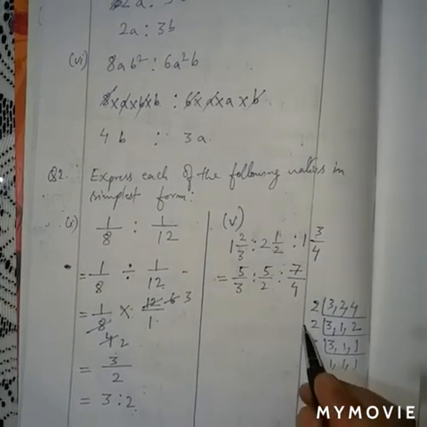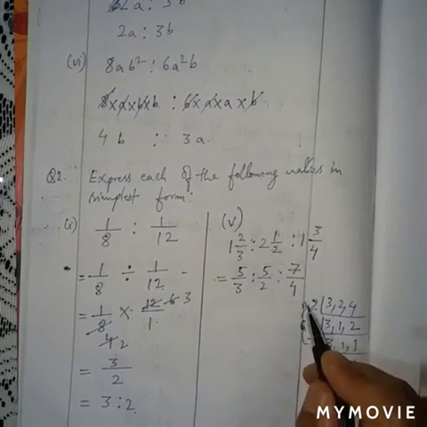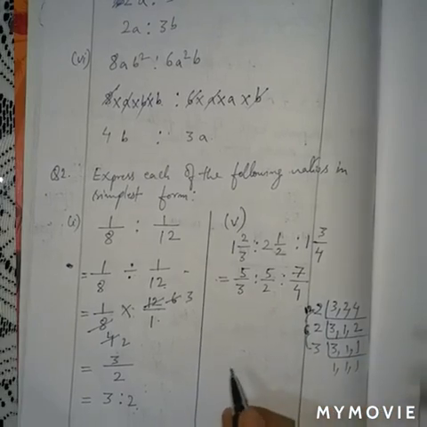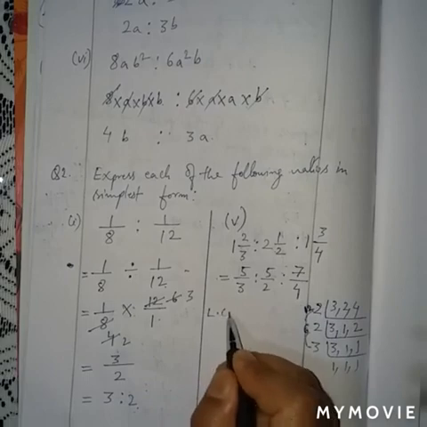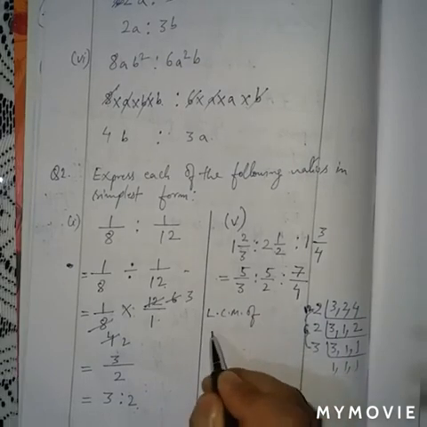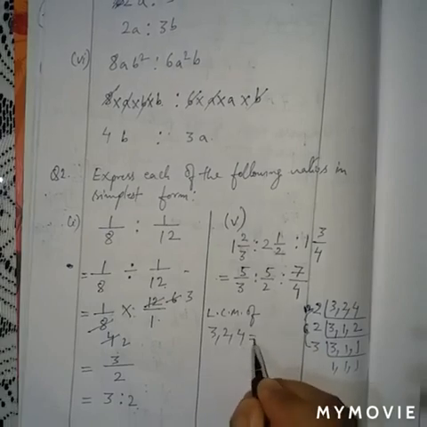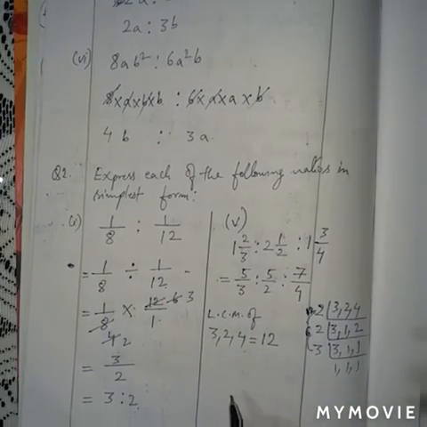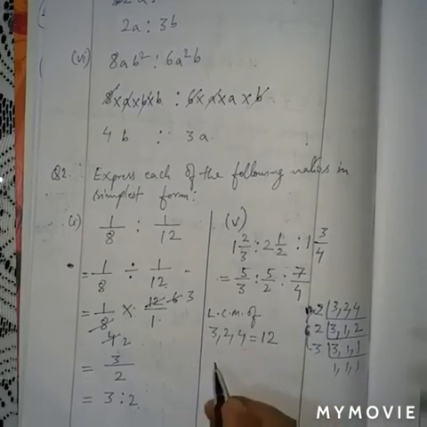So 3 2s are 6, 6 2s are 12. So this is the LCM. LCM of 3, 2 and 4 is equal to how much? We got 12. So by this 12 we have to multiply each fraction.